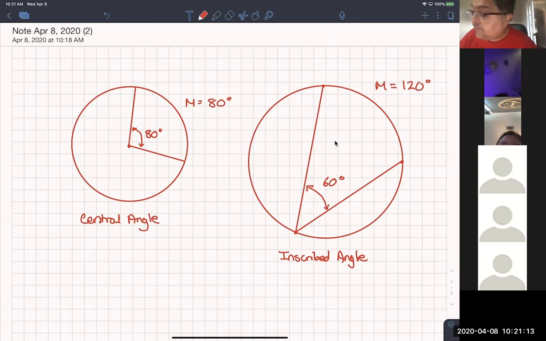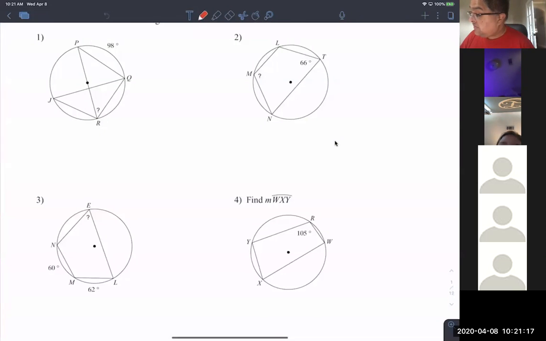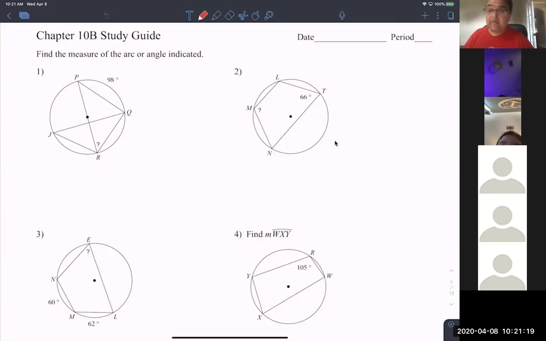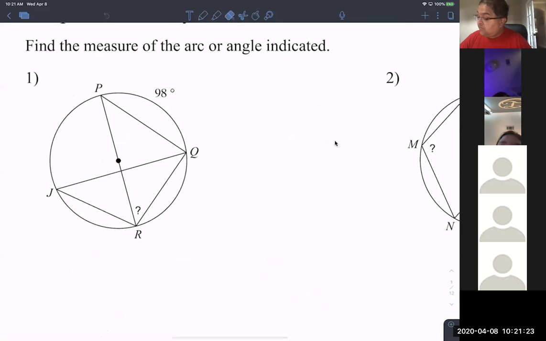Now, let's see how they can ask you this. So let's look at number one, okay? They're asking you to find the measurement of this angle right here. And since it's on the edge, it is known as an inscribed angle.